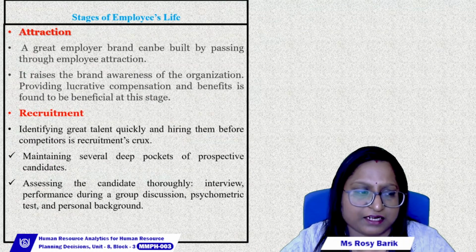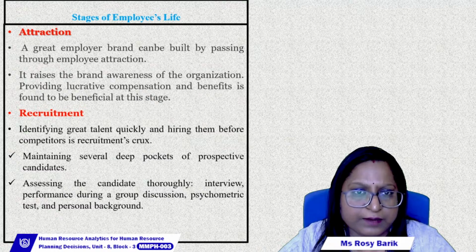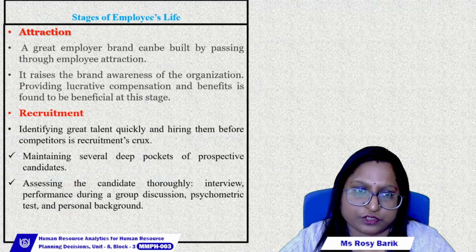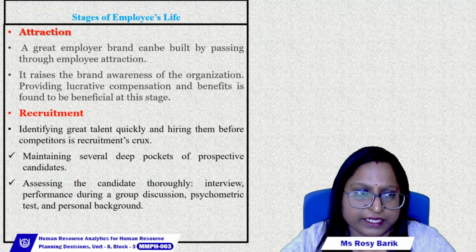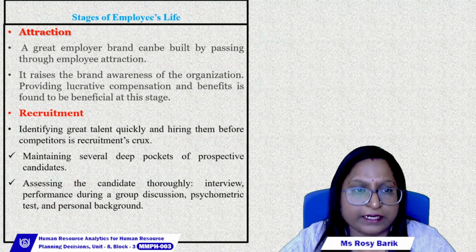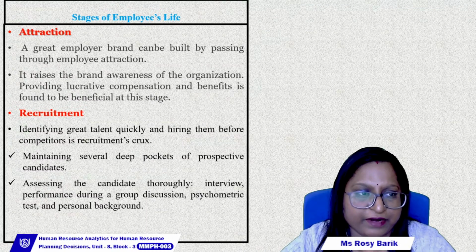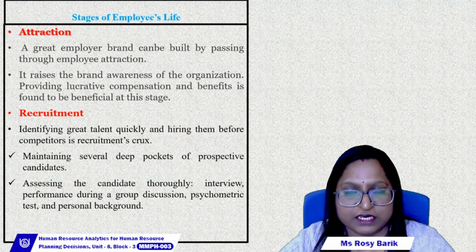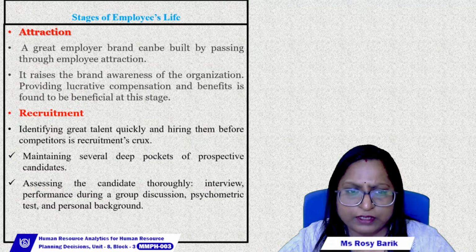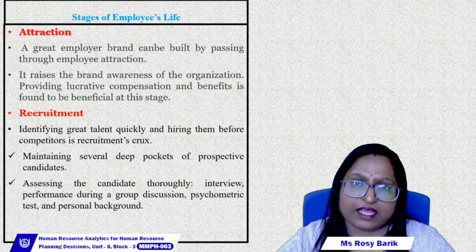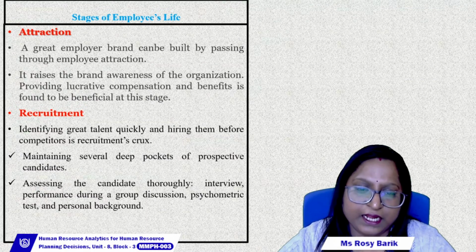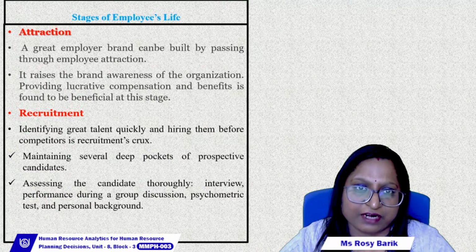First one is attraction. A great employer brand can be built by passing through employee attraction. It raises the brand awareness of the organization, and providing lucrative compensation and benefits is found to be beneficial at this stage. Before this, I want to clarify that whenever any vacancy is there in a company, first of all they give an advertisement.